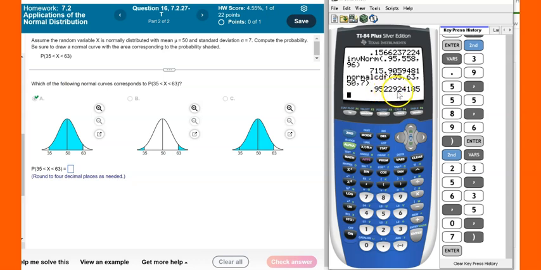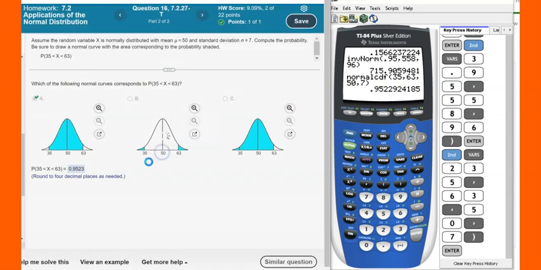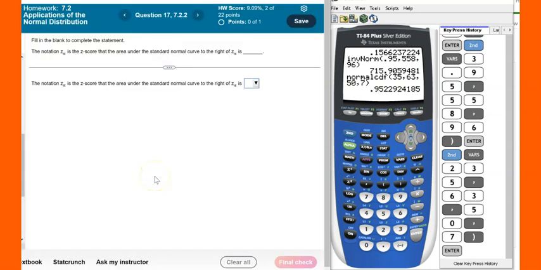I get 0.95229. We round it to 4 decimals, and we get 0.9523. That's the answer. Remember that this area is 0.9523. Okay, check answer. Done. Next question.